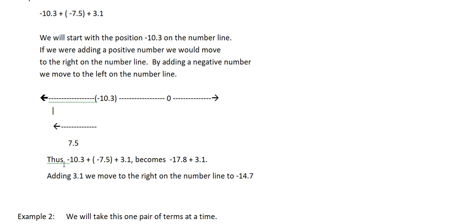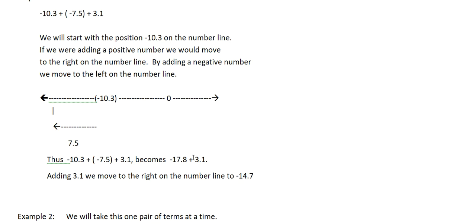What we've done is we've combined these two numbers here. 10.3 plus 7.5 would be 17.5 plus 0.3, which is 0.8, so 17.8. And of course, since we moved to the left, these are still negative numbers, and so it's minus 17.8.